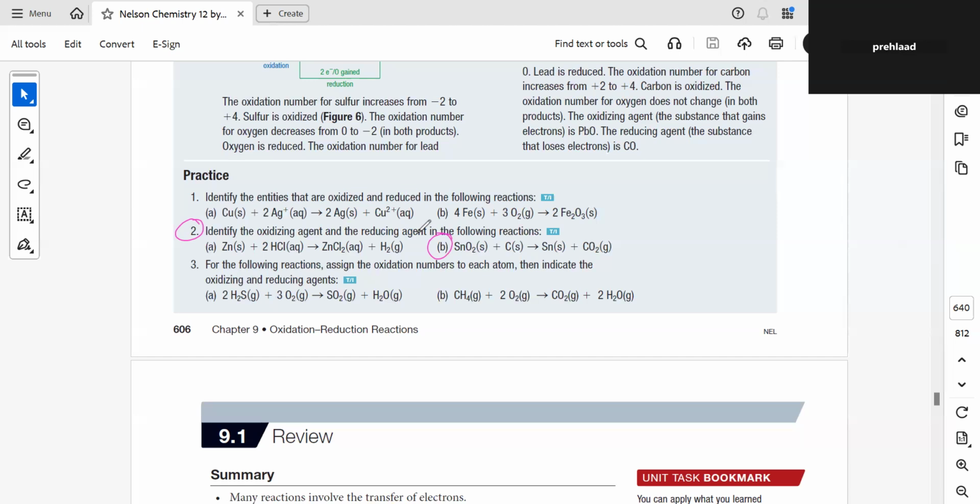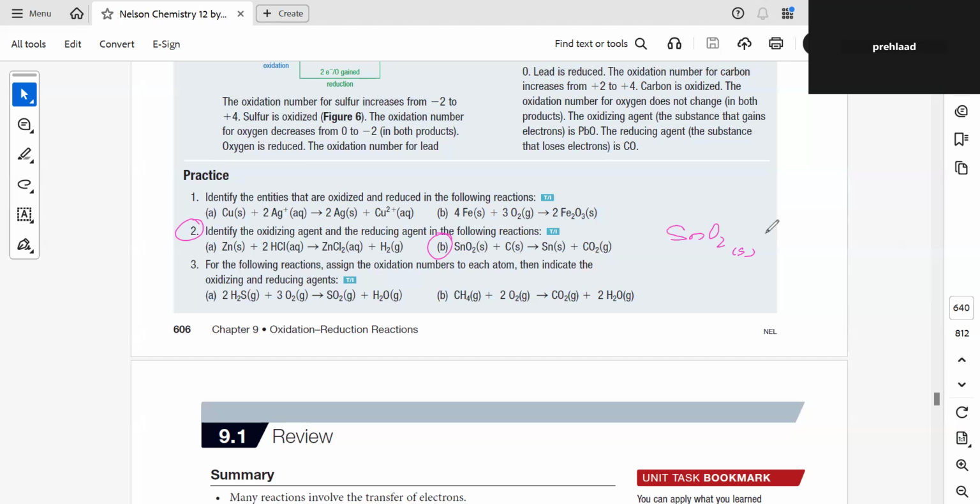Check the oxidation number first. Don't try to do it mentally. Write down the oxidation number on top, and then try to move there. I'm still mixing up reduction and oxidation. It's oxidized because it loses electrons. Don't try to jump the gun.